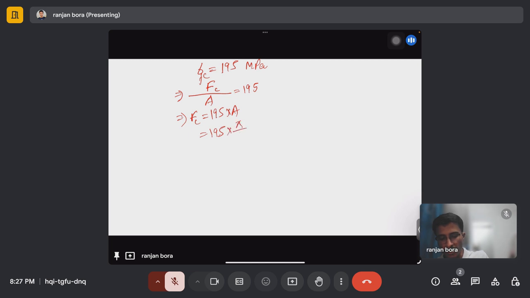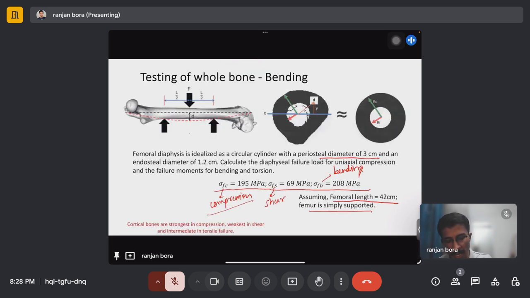So FC will be 195 into the area of cross section. Area of cross section is pi by 4. Diameter is given. Periosteal diameter is 3 cm, the endosteal diameter is 1.2, so radius will be 1.5 and 0.6.